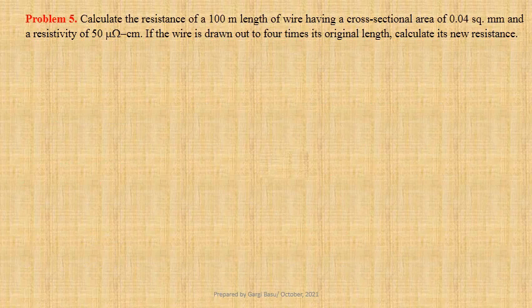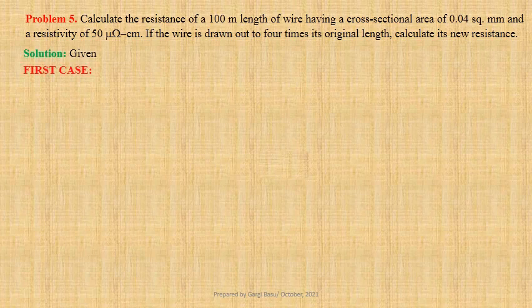We have to calculate the resistance of a 100 meter length of wire having a cross-sectional area of 0.04 square millimeter and a resistivity of 50 micro ohm centimeter. If the wire is drawn out to 4 times its original length, we have to calculate its new resistance. Let us first write down the given data.